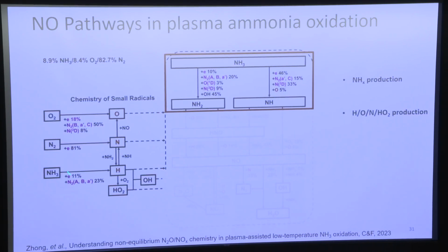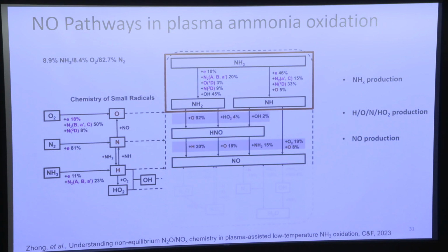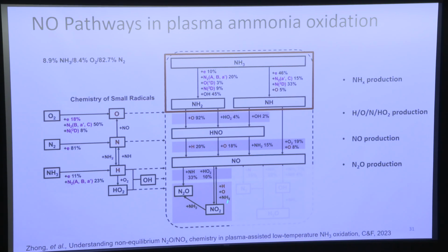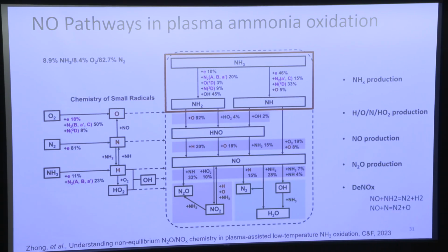At the same time, the plasma can react with oxygen and nitrogen. It creates O and N atoms, and they couple together to form HNO and NO, which then promotes the NO2 formation. But it can also reburn: the NH2 reaction with NO can reduce it to N2.